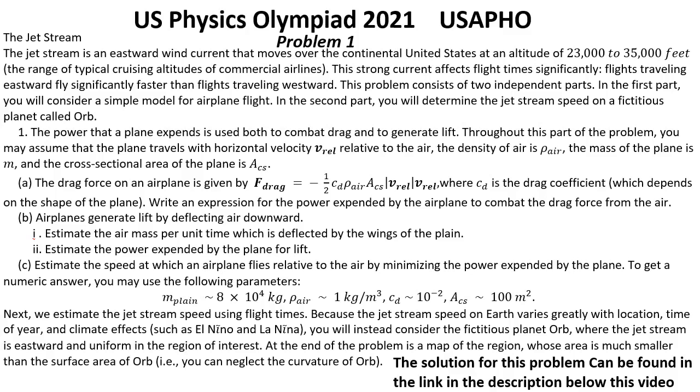At the end of the problem is a map of the region, whose area is much smaller than the surface area of Orb. It means you can neglect the curvature of Orb.